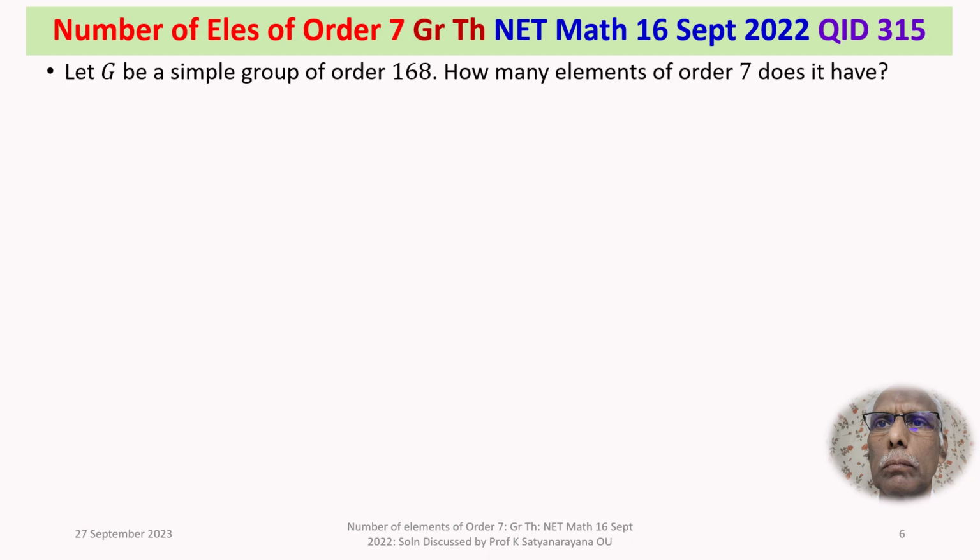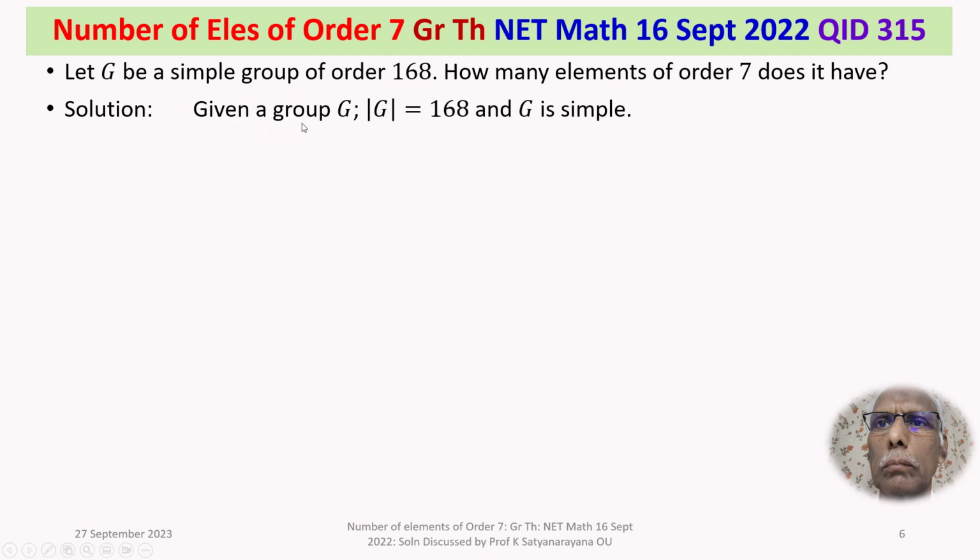We now discuss the solution of the problem in detail. We are given a group G and the order of G is 168 and G is given to be simple. Now order of G is equal to 168. Write down its prime factorization, that is equal to 2 cube into 3 into 7, and we are required to find the number of elements of order 7.